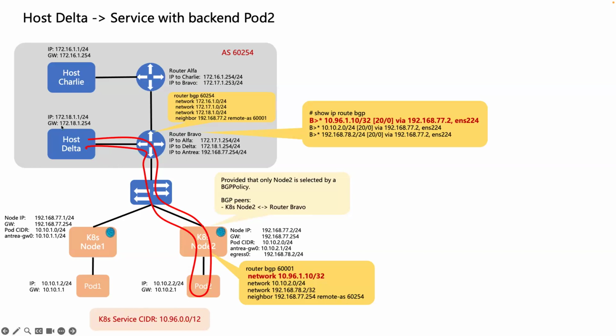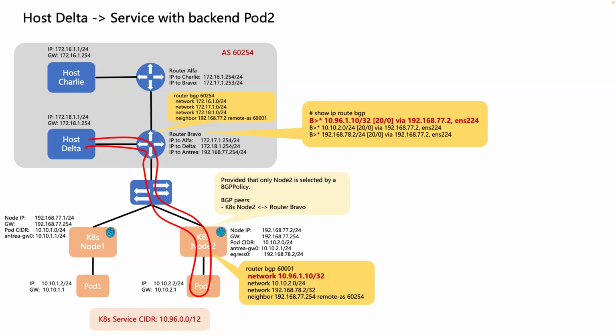If the packet cannot be forwarded back to this AS via the default route, the reply packets will maybe be dropped somewhere.